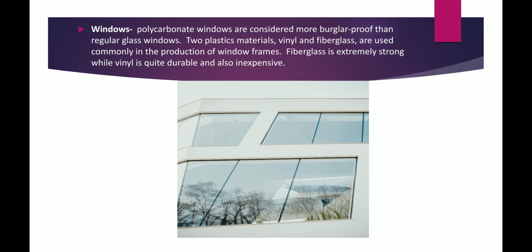Two plastic materials, vinyl and fiberglass, are used commonly in the production of window frames. Fiberglass is extremely strong while vinyl is quite durable and also inexpensive. And here you can see a picture of a plastic window.